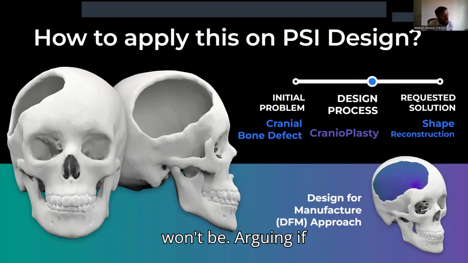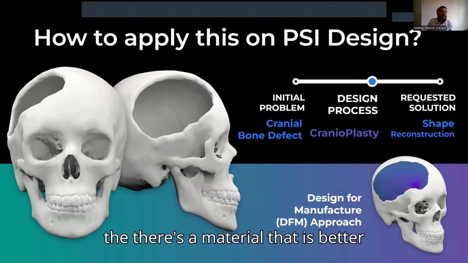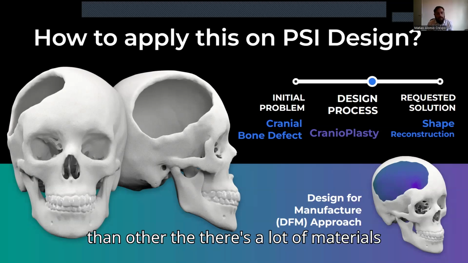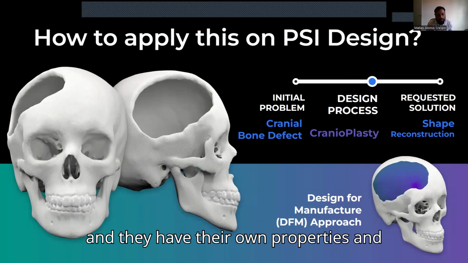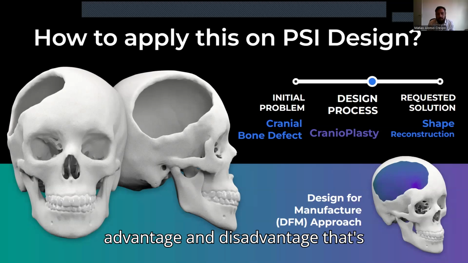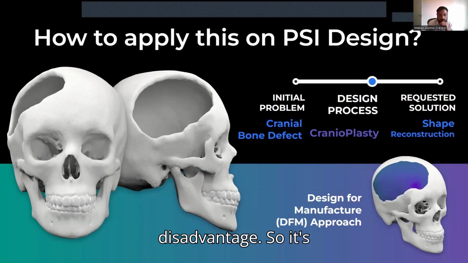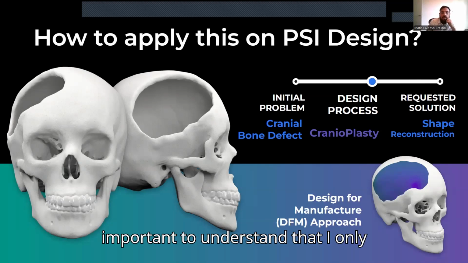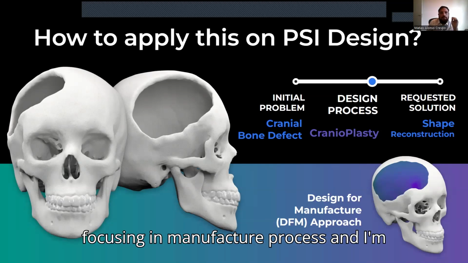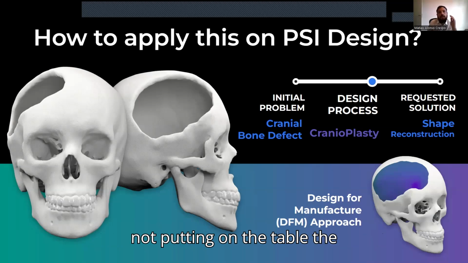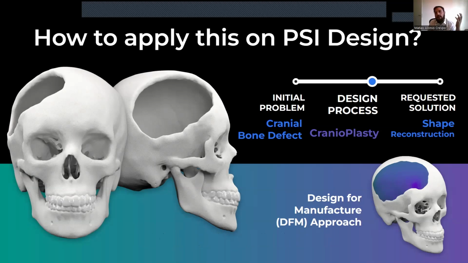I won't be arguing whether one material is better than another. There are a lot of materials, and they have their own properties, advantages and disadvantages. So it's important to understand that I am only focusing on the manufacturing process and not putting the design aspects of an implant on the table.